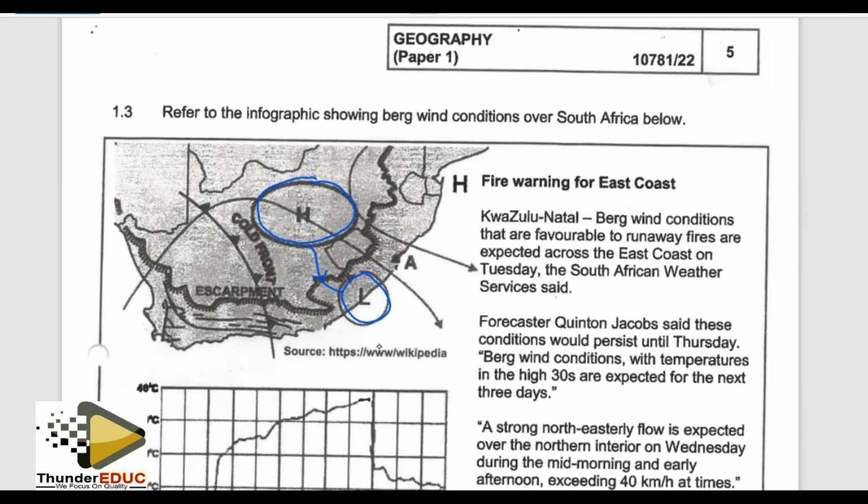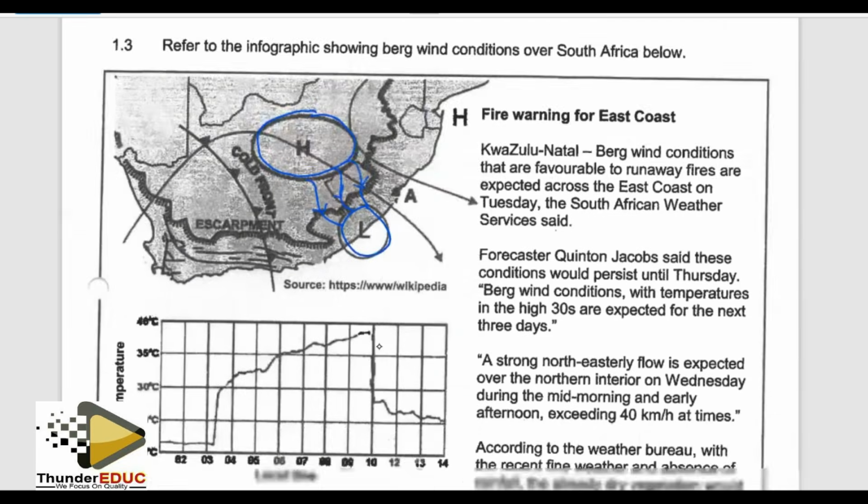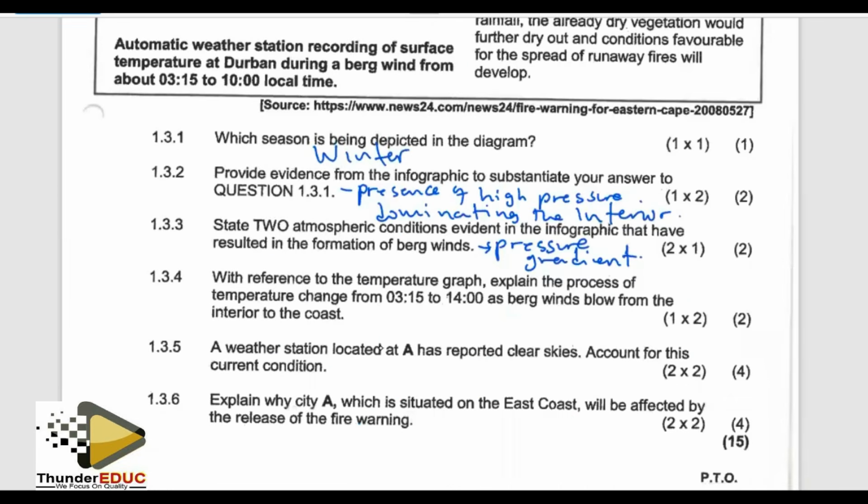This will result in the development of winds, because we know that winds always move from a high pressure to a low pressure. So there will be formation of berg winds as a result of the pressure gradient. Secondly, we can talk about the high pressure cell over the interior.